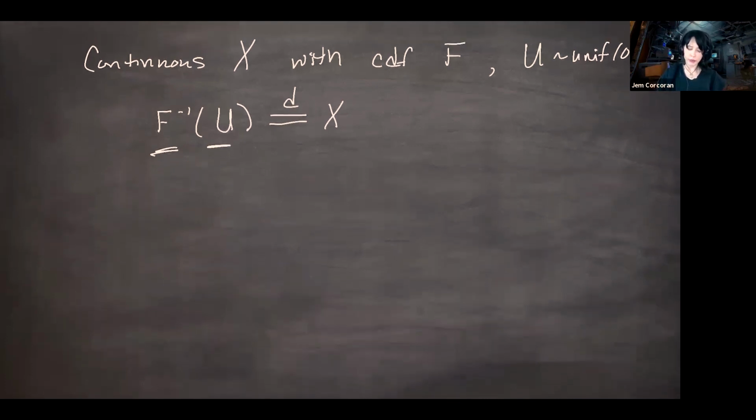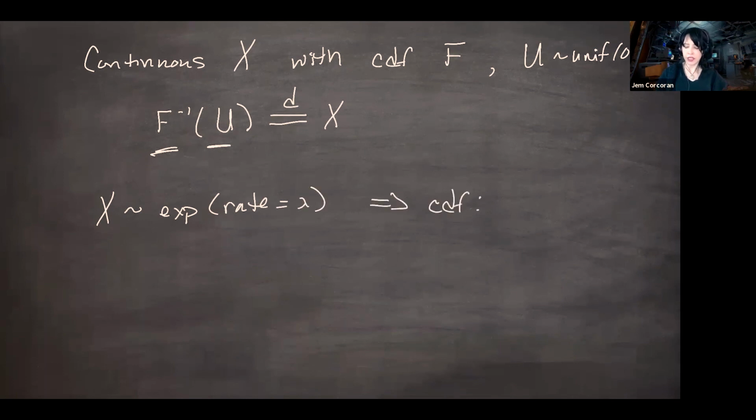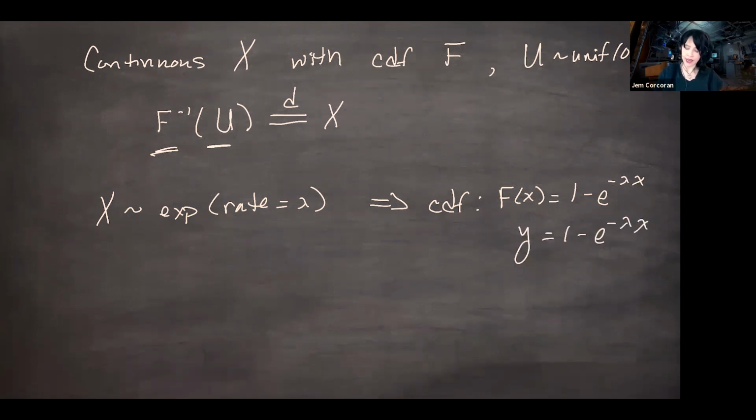And we did the specific example that if x is exponential with rate lambda, this means that the CDF is F of x is 1 minus e to the minus lambda x. So if you call this y and solve for x, you'll get x is minus 1 over lambda, the log of 1 minus y.